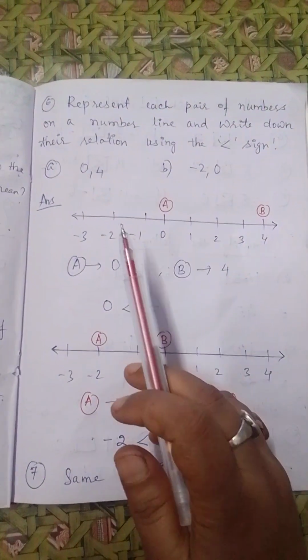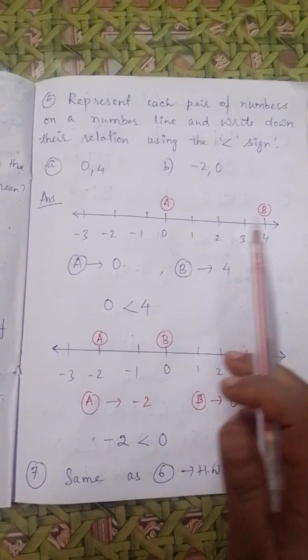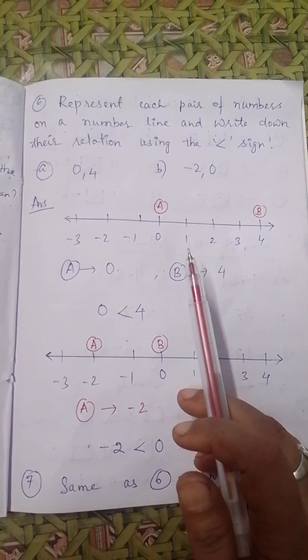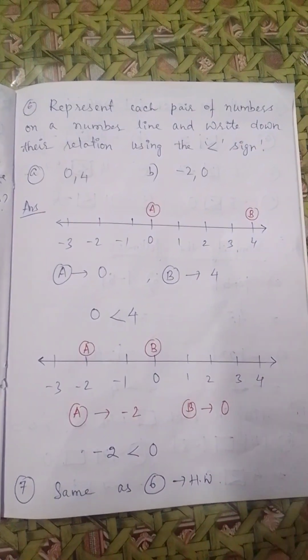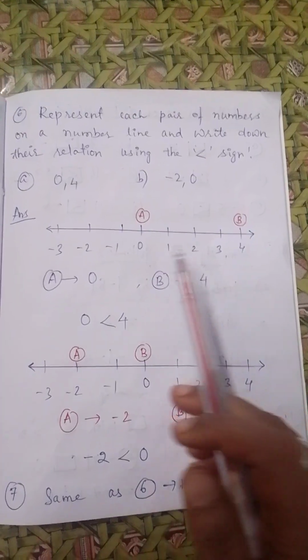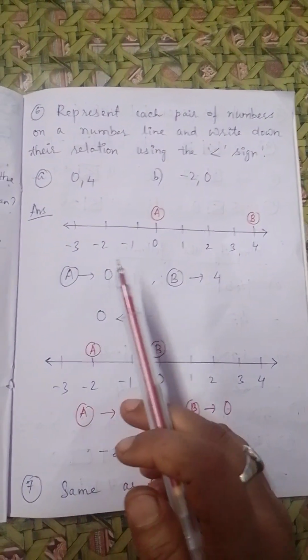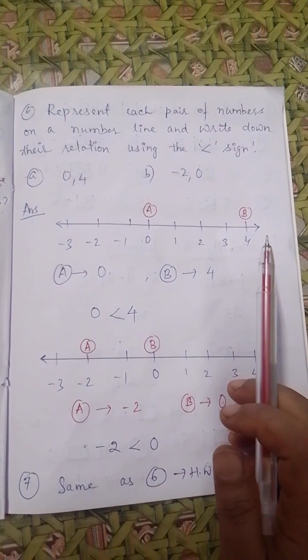So first we have to draw the number line. While drawing the number line, in the middle you have to put 0. On the right side of the number line you put the positive numbers 1, 2, 3, 4 up to infinity, but I'm just putting here till 4. And on the left side you put -1, -2, -3.